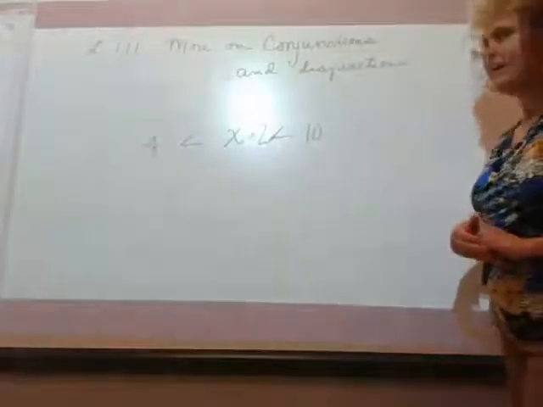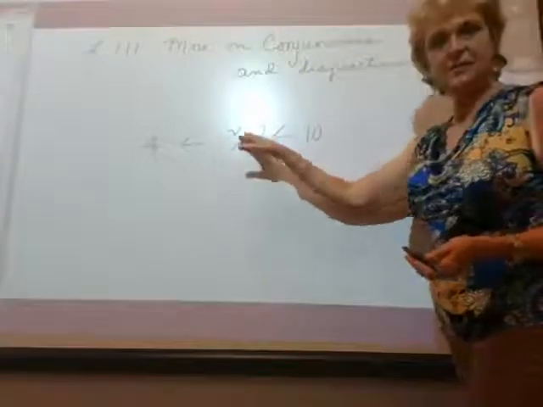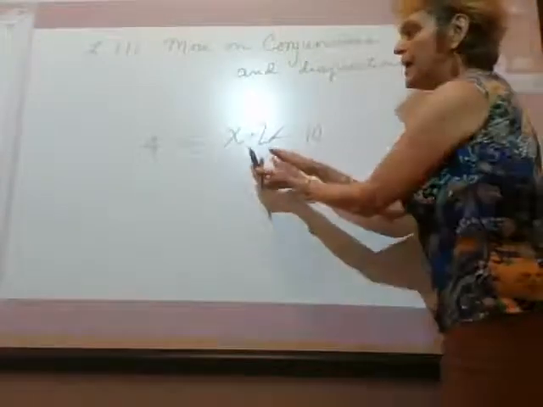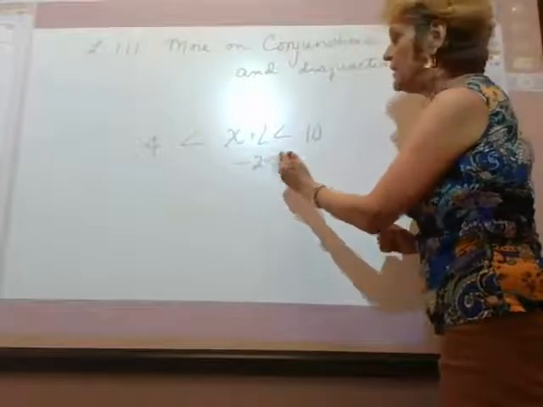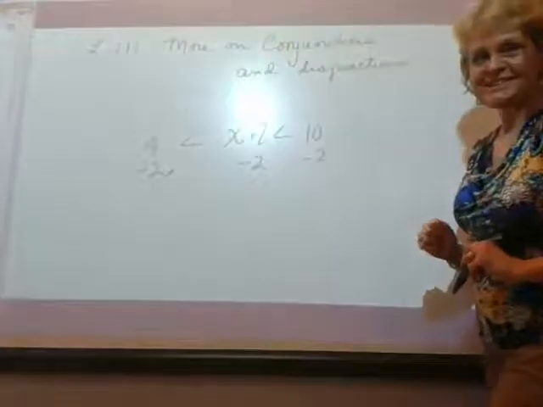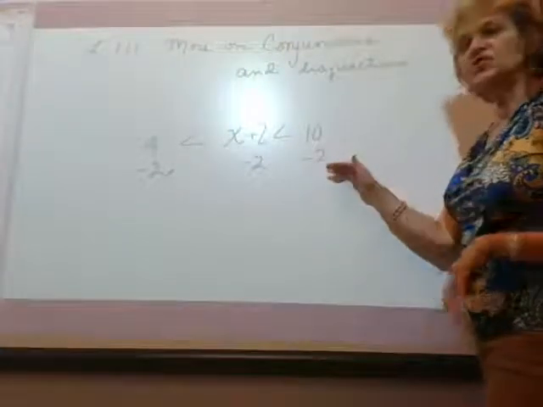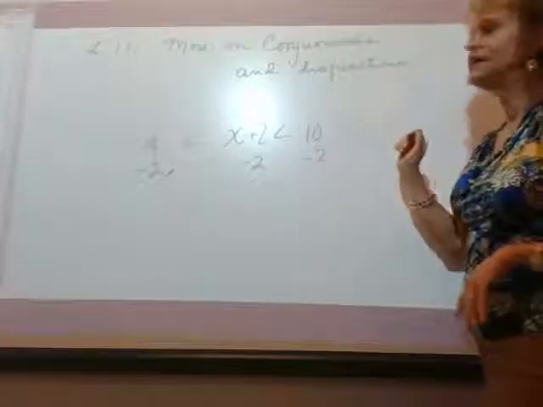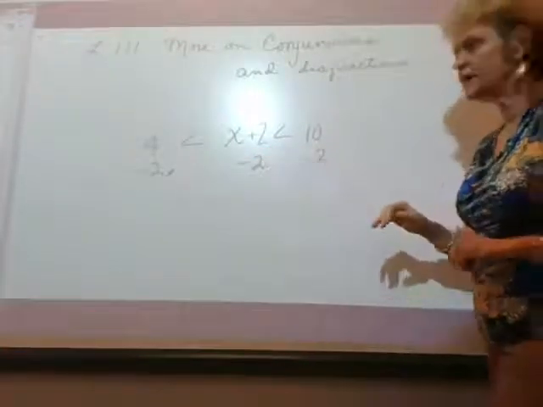Well, today you're going to have something like this, all right? And all you're going to do is, again, isolate your variable. So if x plus 2 is in the middle here, you'd want to subtract 2 from all three parts, okay? So just like an equation where you want to keep it balanced, in a conjunction or a disjunction we're going to be doing the same thing to all parts, all right?